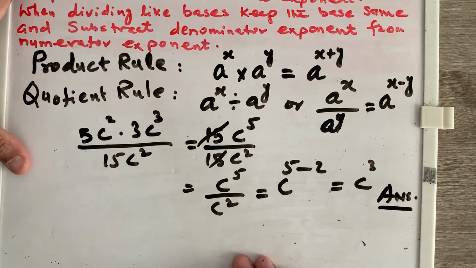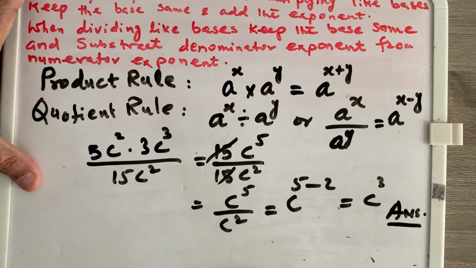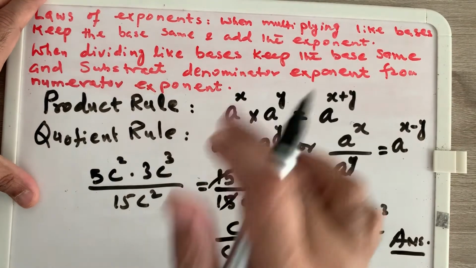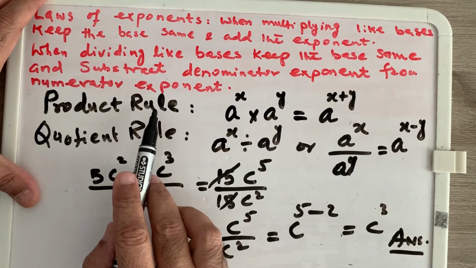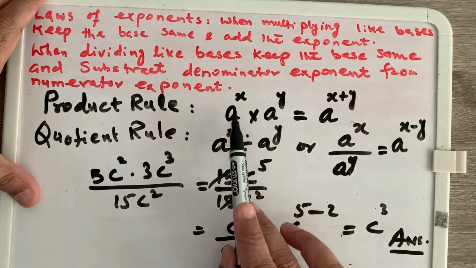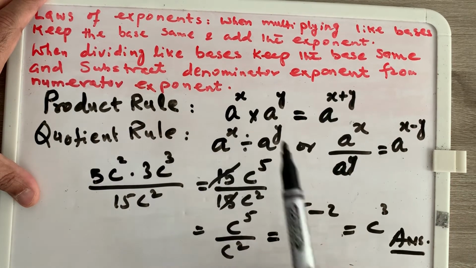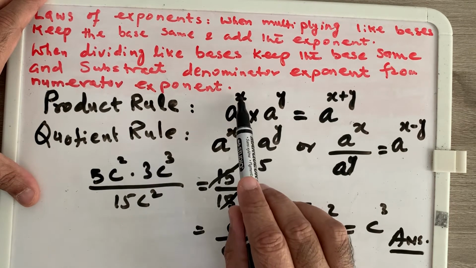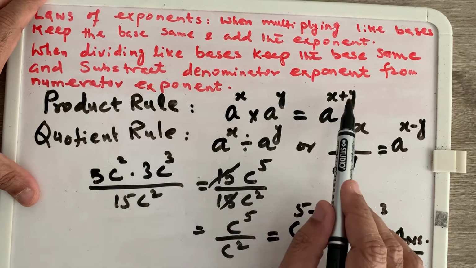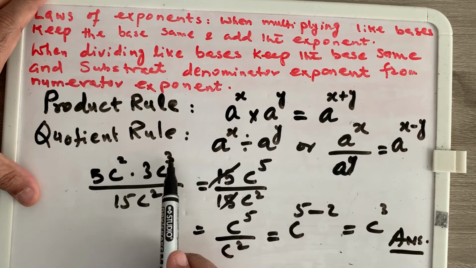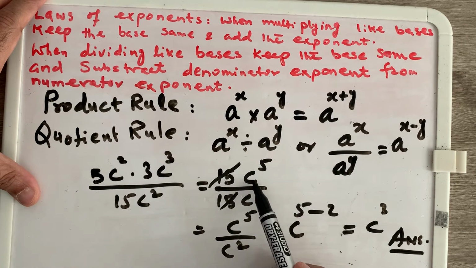So we will repeat one more time what these two rules are saying. Law of exponent, first rule is the product rule. The product rule is for multiplying like bases. If they are not like, you cannot do that, right? So if the like bases are there, you need to add the powers. So we add the power as we did here in the example, c power 2, c power 3, so it becomes c power 5.